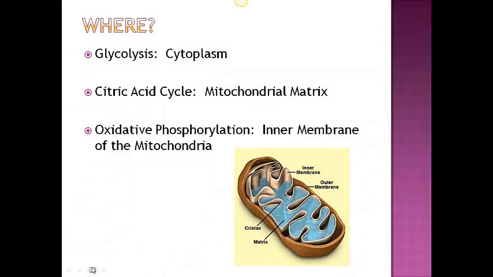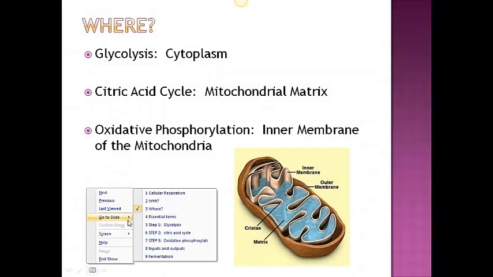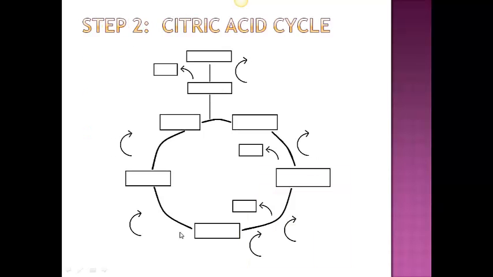Let's skip ahead a couple slides here. I can't write as small as these little boxes are, so I'm going to try to write to the side or above them. But on your diagram, you can write all these little names in the boxes themselves to help identify what's happening in the cycle.